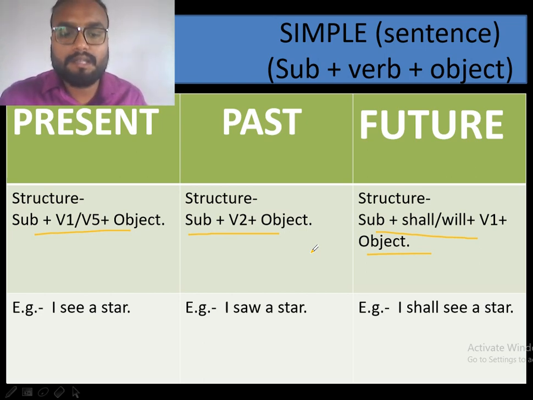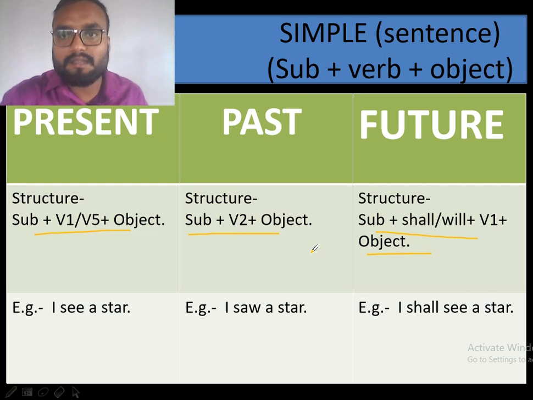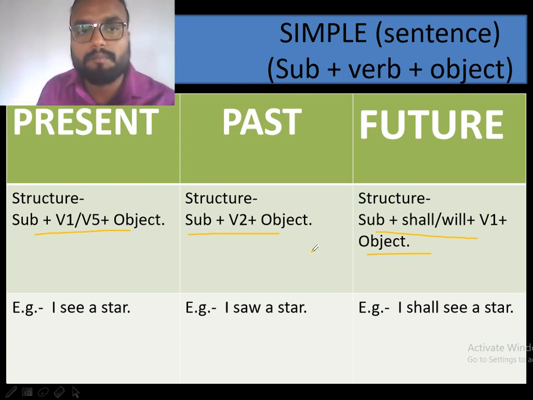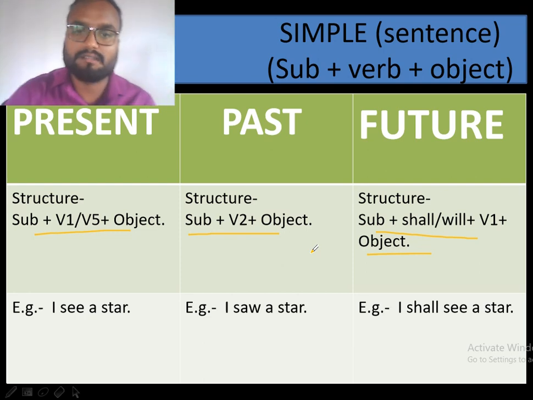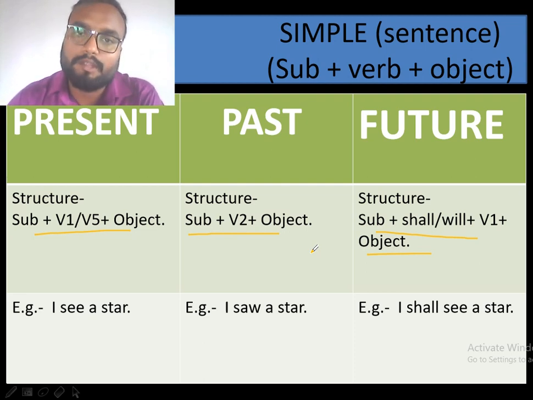It means any action which has taken place in present or in past or in future, and if that sentence gives us a general information about that action, not a complete information, then it is referred to as simple tense. The structure will always have only one action word and one subject.